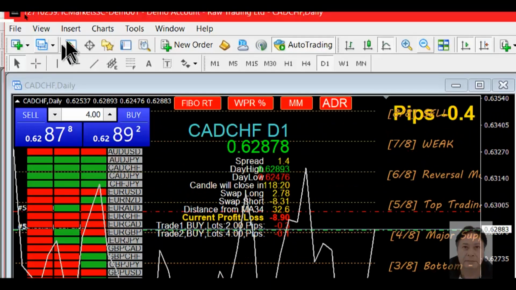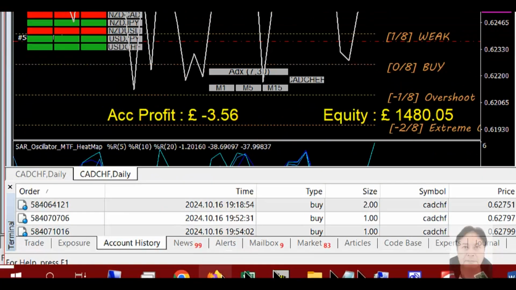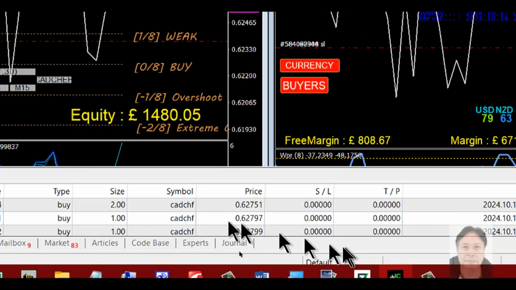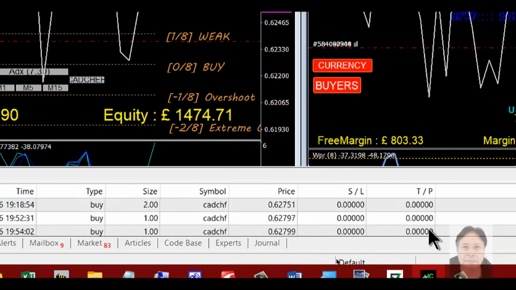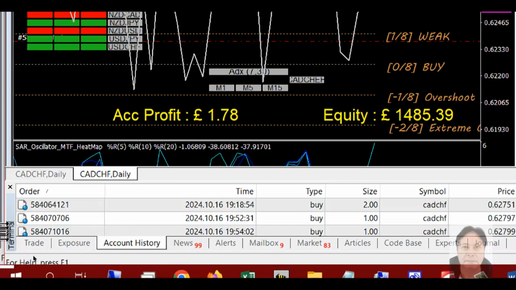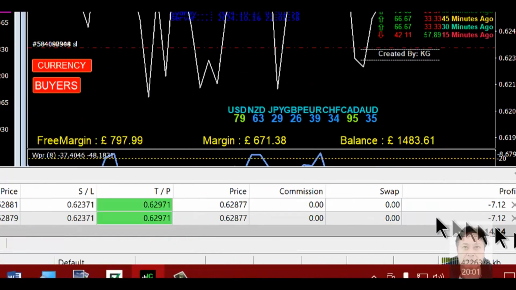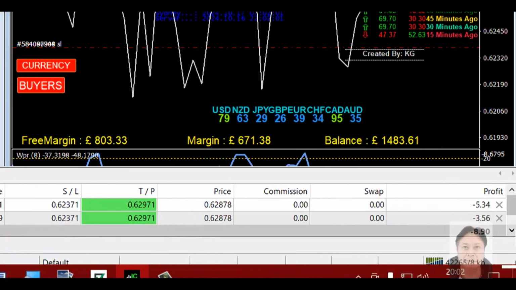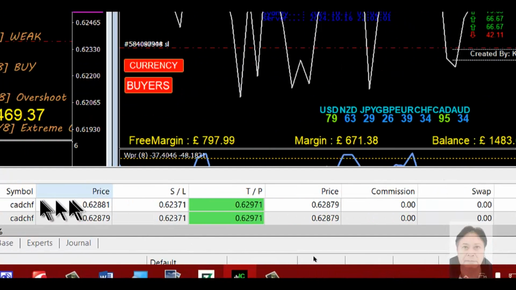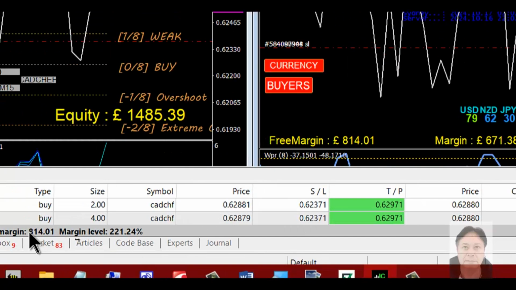But let's have a look at the terminal. That's the order that I placed. So these are the orders that I placed here. I've set a stop loss and a take profit.